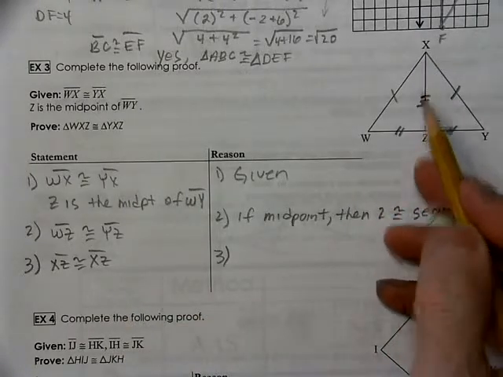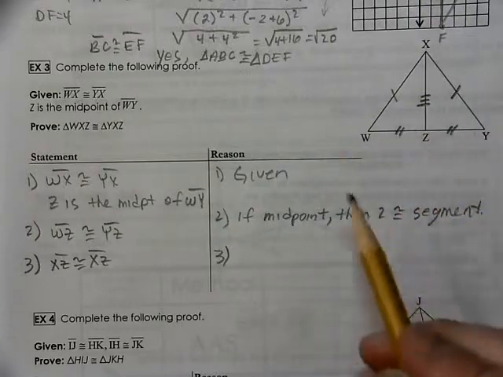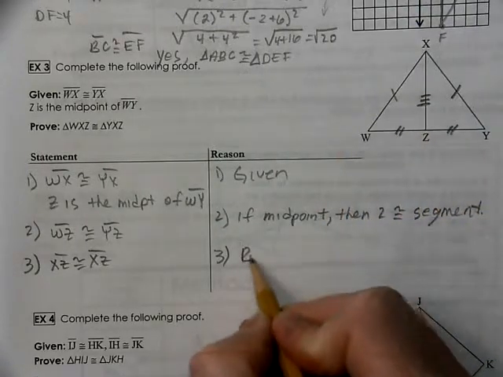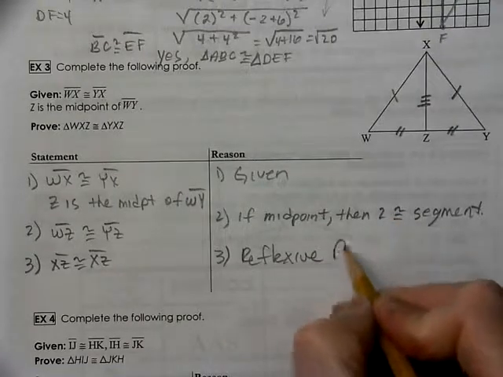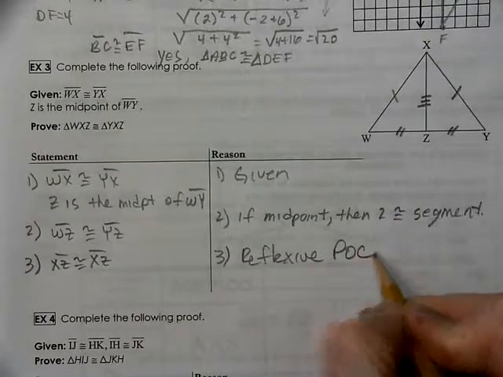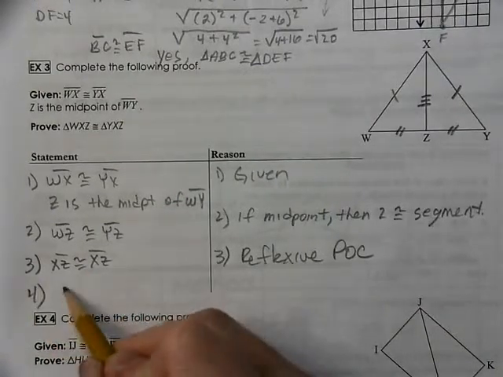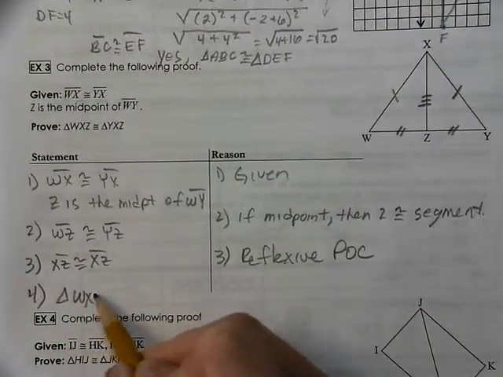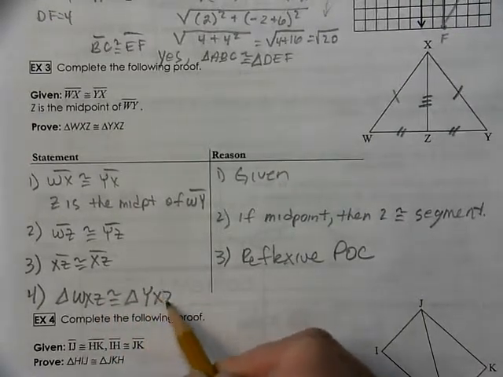They're both sharing the same segment, so we know that that segment is the same length in both figures. We call that the reflexive property of congruence, because it's a congruent symbol. And our last is triangle WXZ is congruent to triangle YXZ.